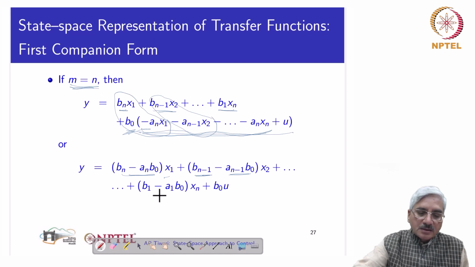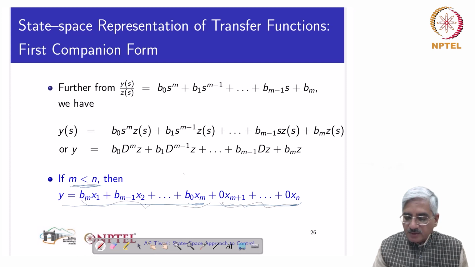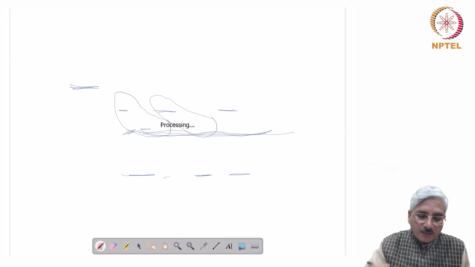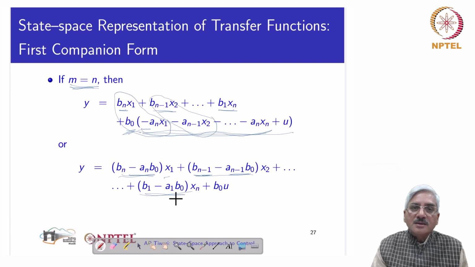So that is the difference. In case of m less than n, we have some terms non-zero, remaining terms 0. In case of m equal to n, we have all the terms, and they are like bi minus ai b0, and of course b0u also appears.